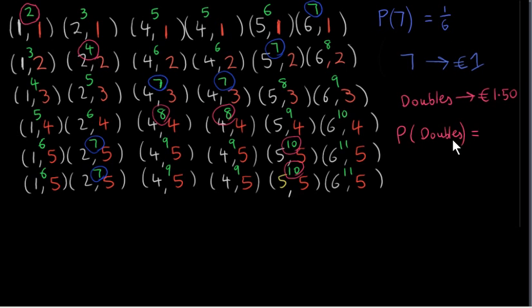What about the probability of getting doubles? We'll count up those. 1, 2, 3, 4, 5, 6. Each of these are equally likely. 6 of them out of 36, which is 1/6. So the probability of getting doubles on the throw of these two die is 1/6.